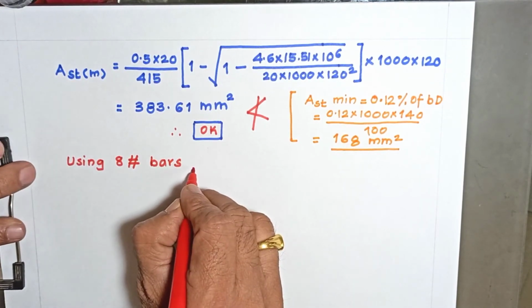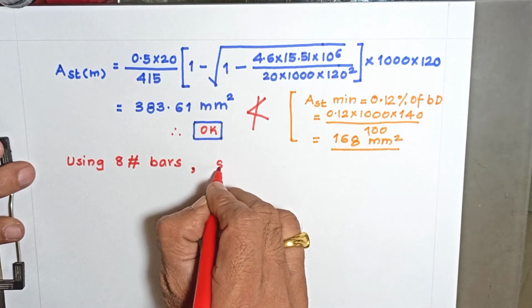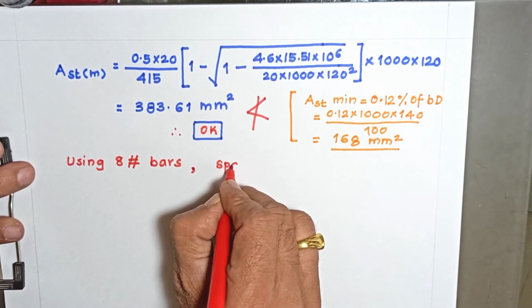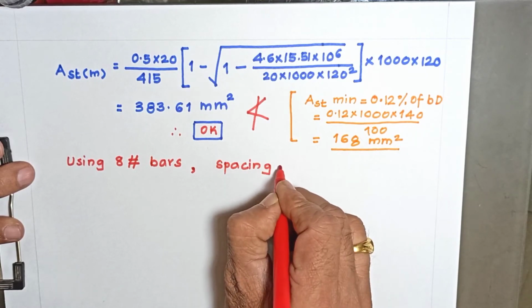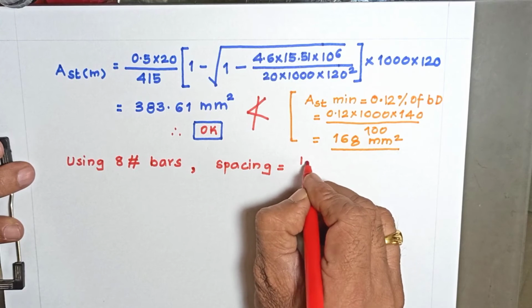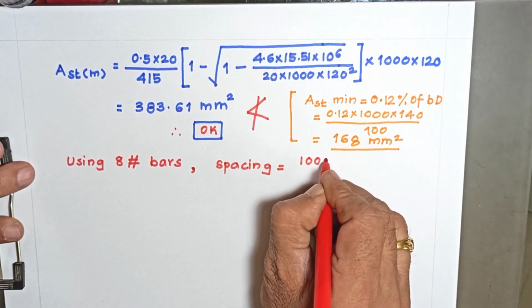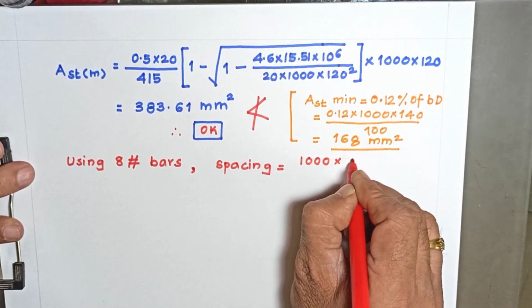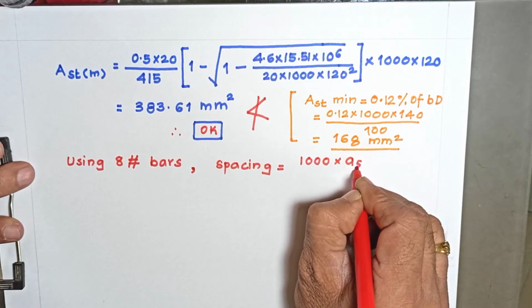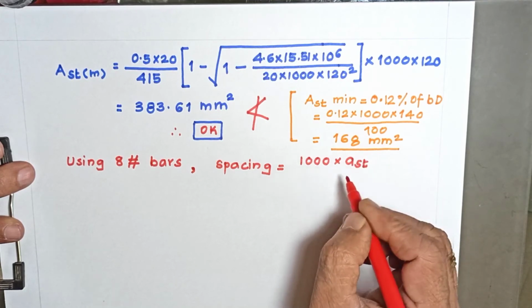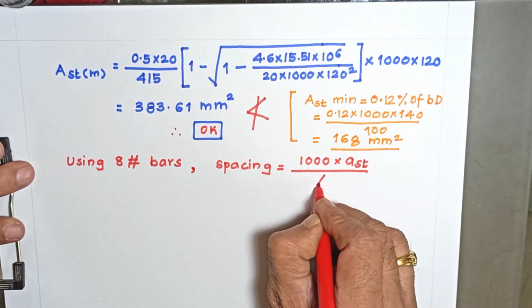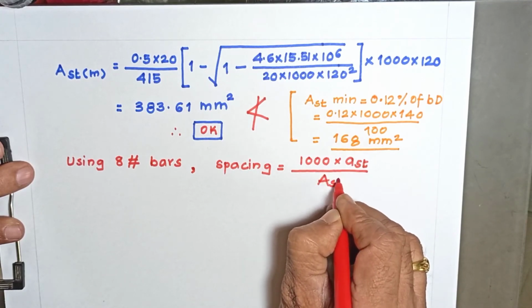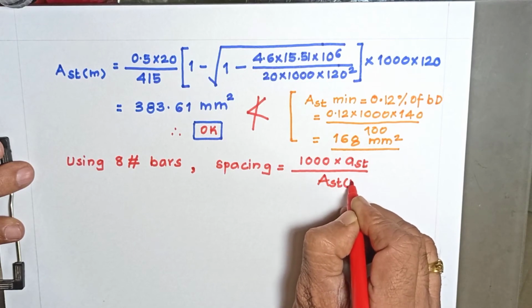The spacing is calculated as spacing is equal to 1000 into small Ast, the cross-sectional area of one bar, upon capital Ast main.